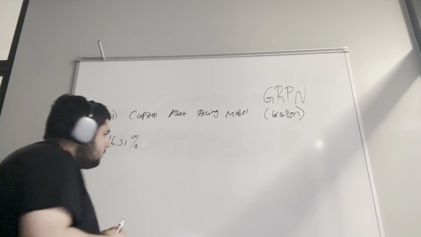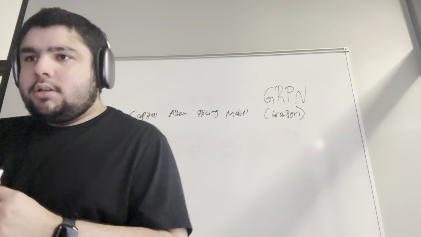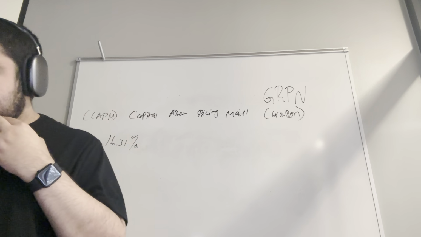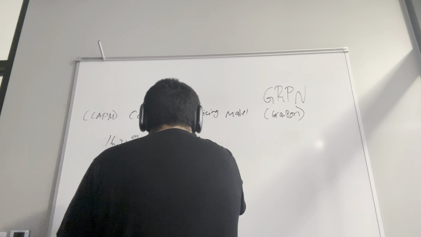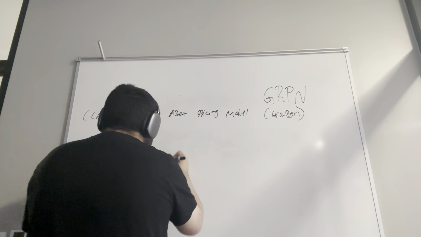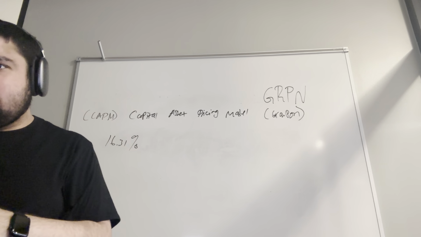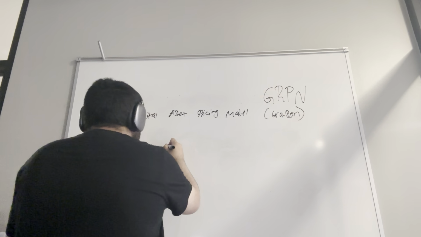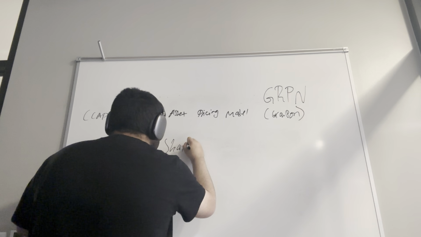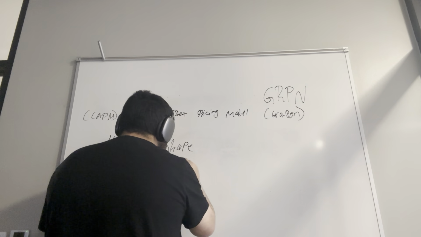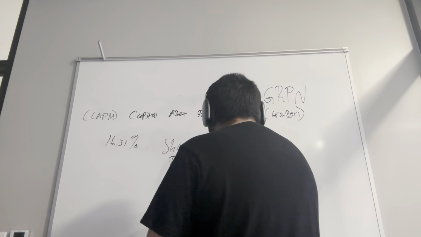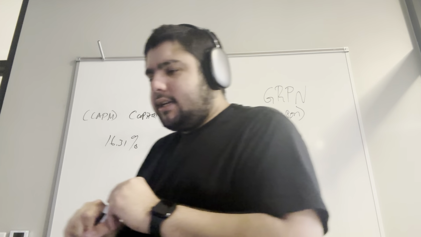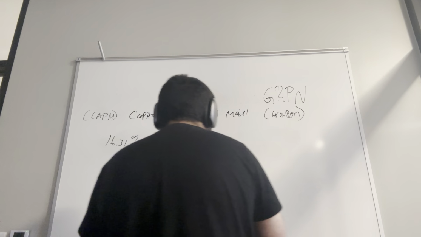So let's go on to the Sharpe ratio. What's the term? Well, we'll just put Sharpe ratio. I forgot what the guy's first name was, but his last name was Sharpe. So Sharpe ratio equals RA minus RB, so the expected return of the portfolio.